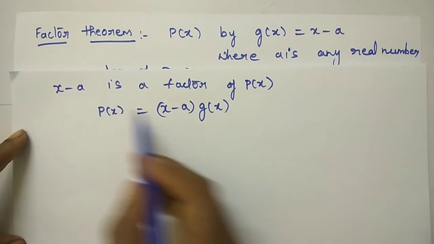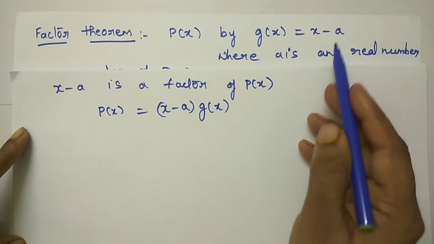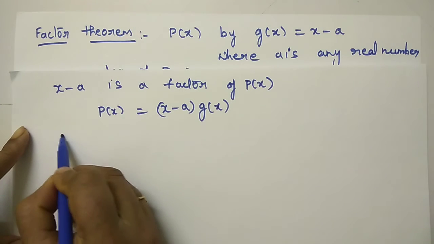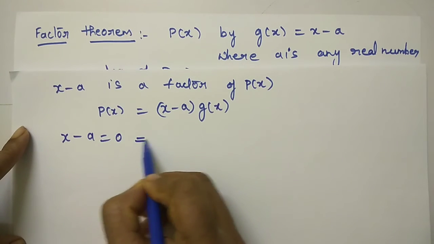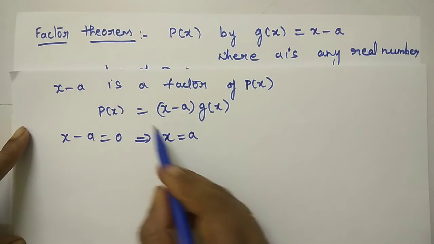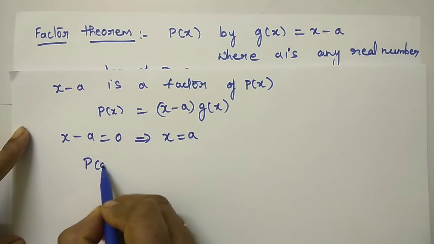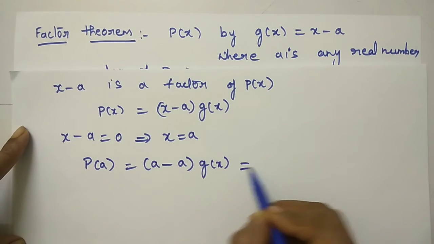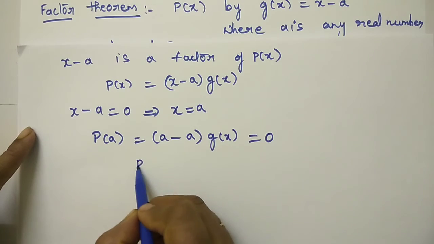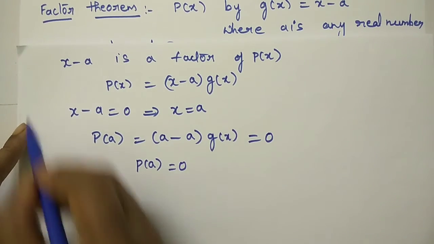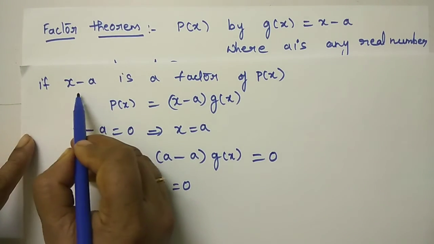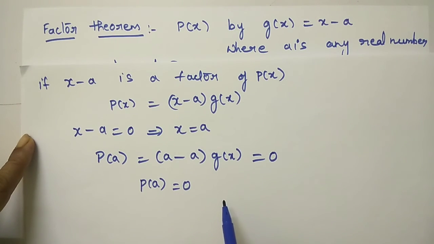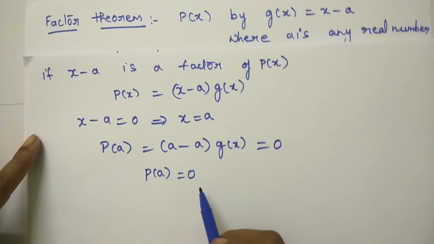Now if x minus a is a factor of P of x, we can get the value of x by equating it to 0. So you will get x is equal to a. Substitute this value here. You will get P of a equal to a minus a into g of x, which is equal to 0. So we got P of a is equal to 0. So if x minus a is a factor of P of x, then P of a is equal to 0. This is the second statement of the factor theorem.